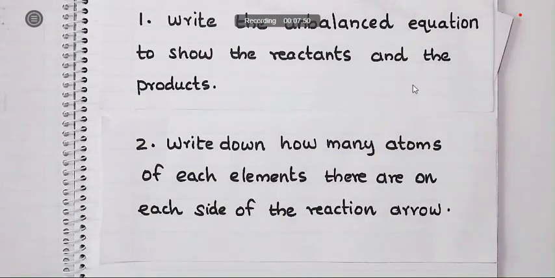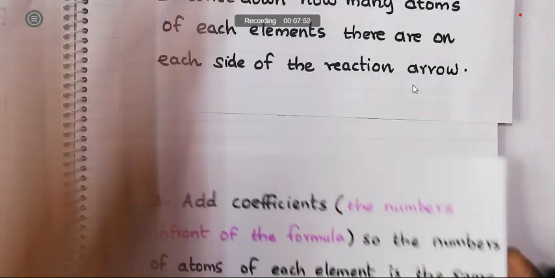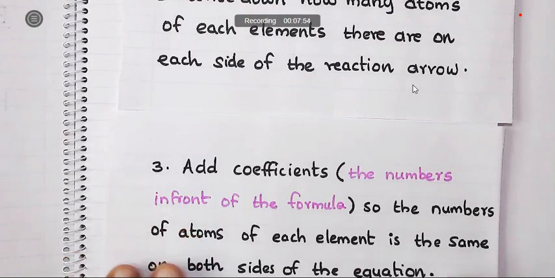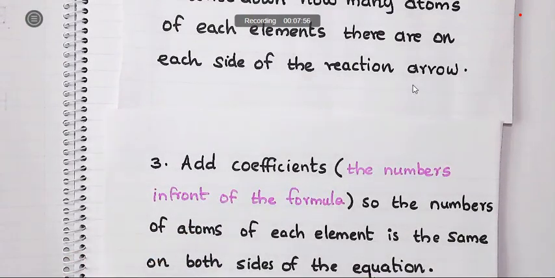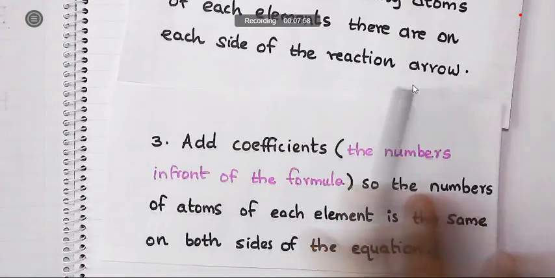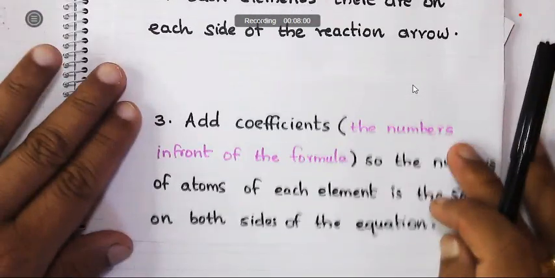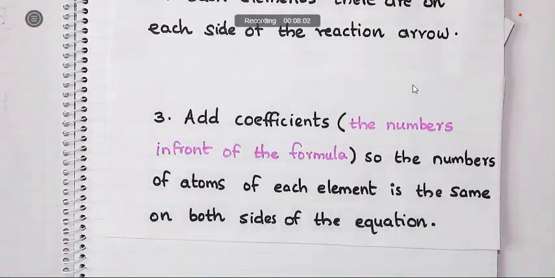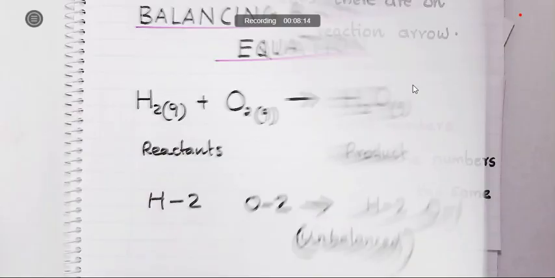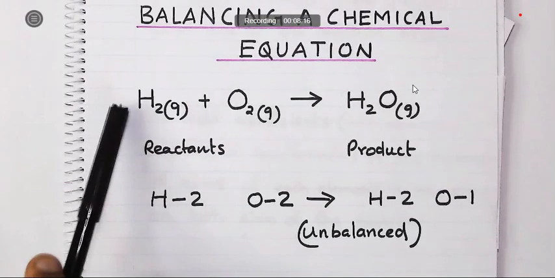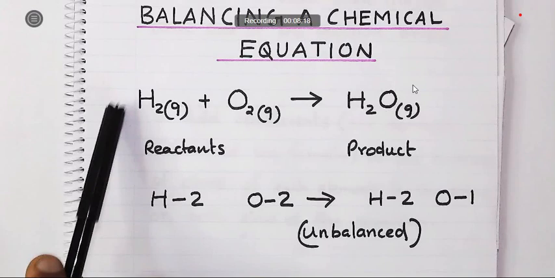The third step is add coefficients. Coefficients means the numbers in front of the formula, so that the number of atoms of each element is the same on both sides of the equation. You should see that number 1 is hidden there.